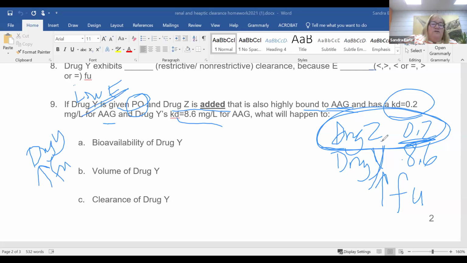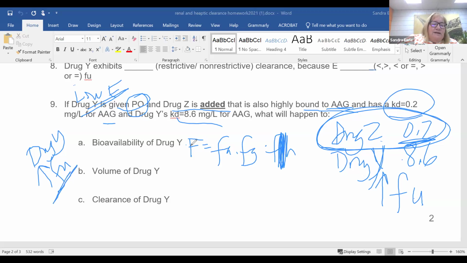Drug Y is a low E drug. So what's going to happen to the bioavailability of drug Y? Well, bioavailability is equal to FA times FG times FH. For a low E drug, FH is approximated by 1 here, right?